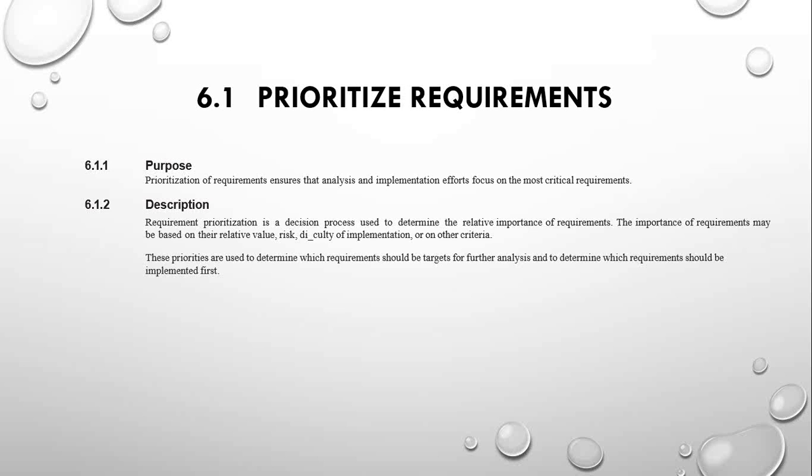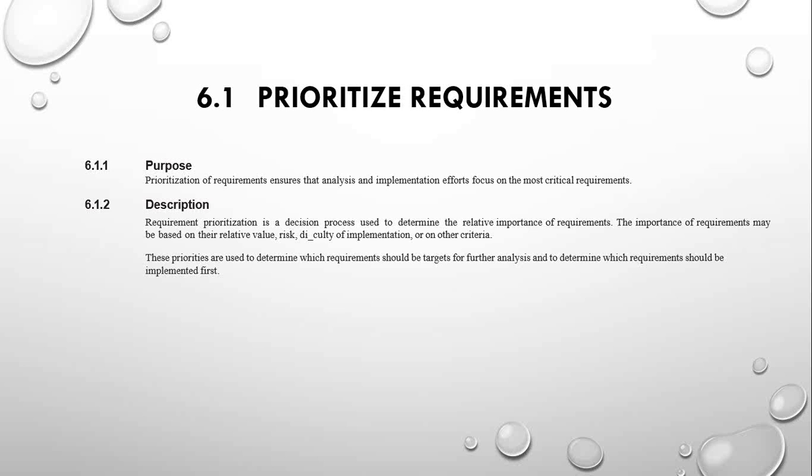Out of 5 requirements, if you do not assess or identify the most critical requirement, there is no way you can identify which one you need to do first. That is the overall purpose of having prioritization done as part of the analysis process.